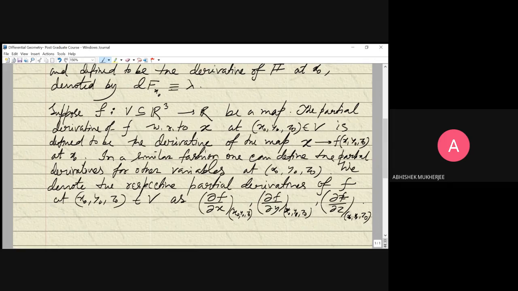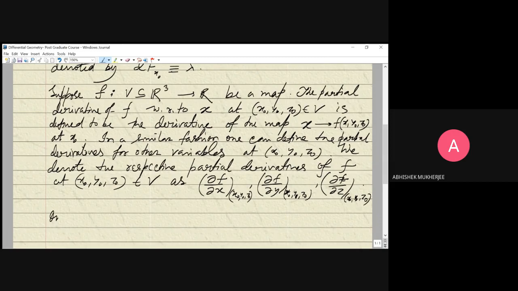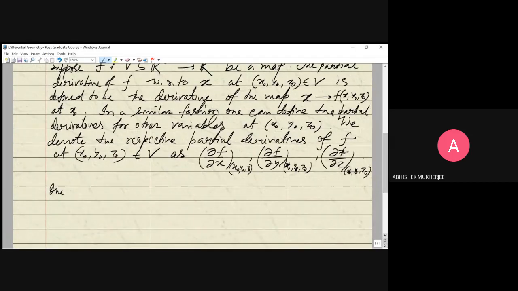So one can define partial derivatives at each point of V, right?